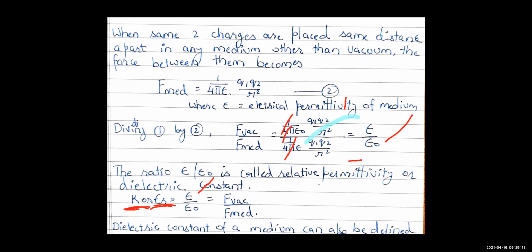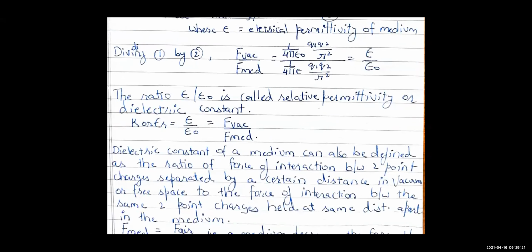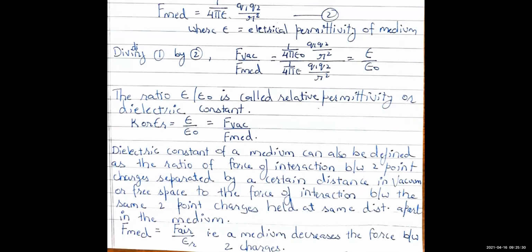So now if we make F medium the subject of the formula, then F medium equals F, that is the force when the charges are held in air, upon epsilon naught.